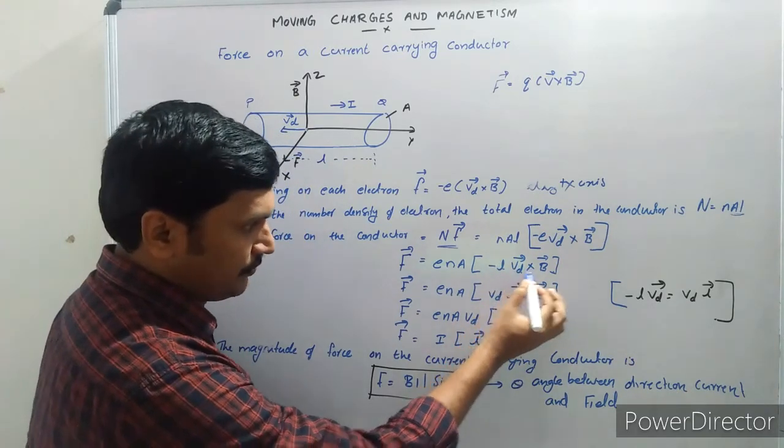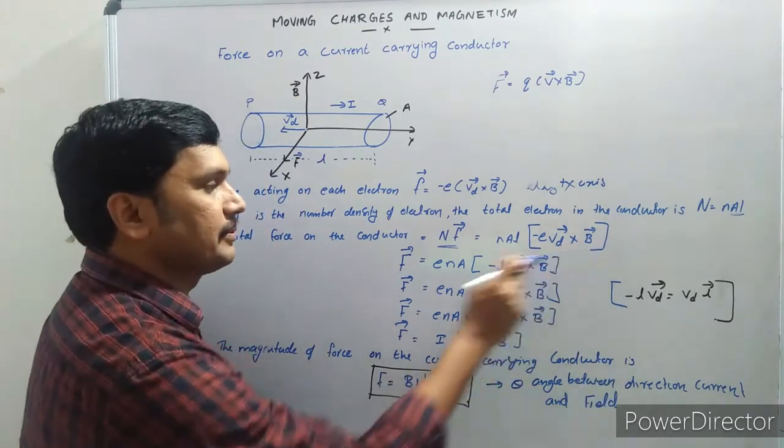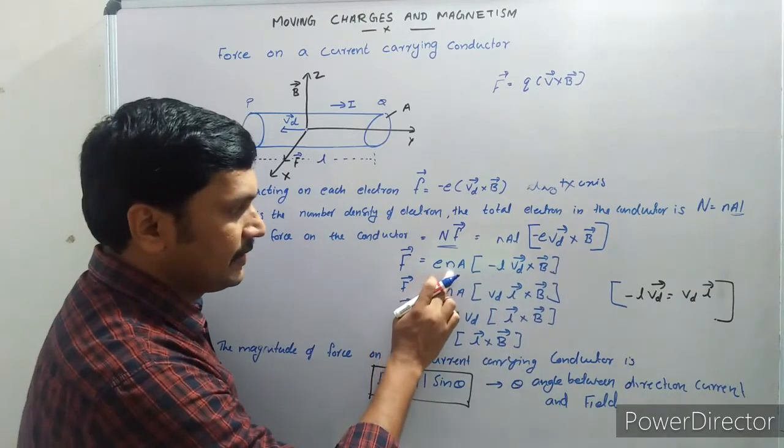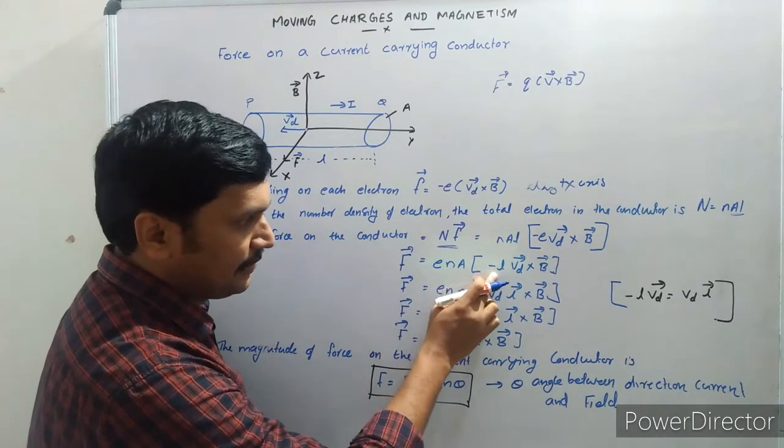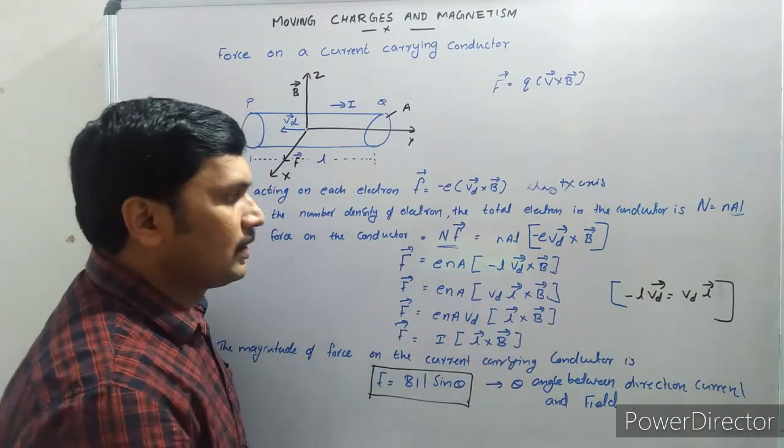So L into Vd cross B. We are rearranging this equation as e n A into minus L into Vd cross B.